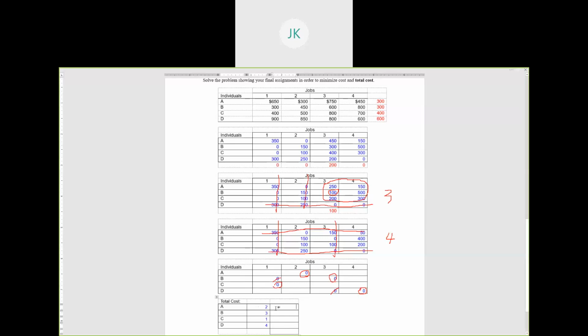Then the cost will be from the first table, the original table. A to 2, 300, B to 3, 600, and C to 1, 400, and D to 4, 600.